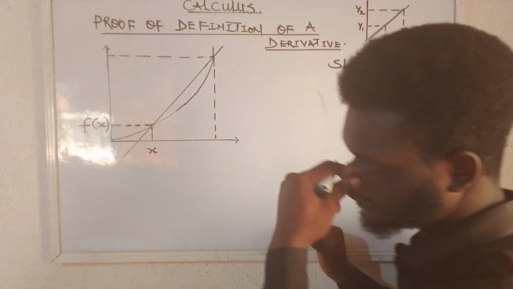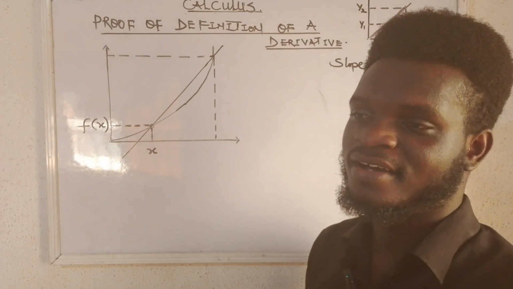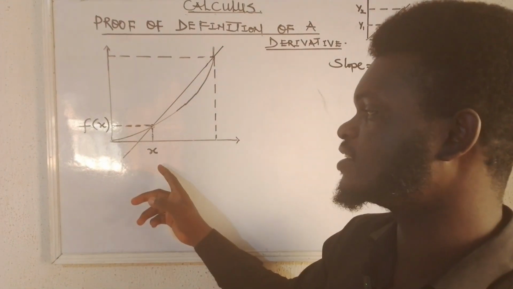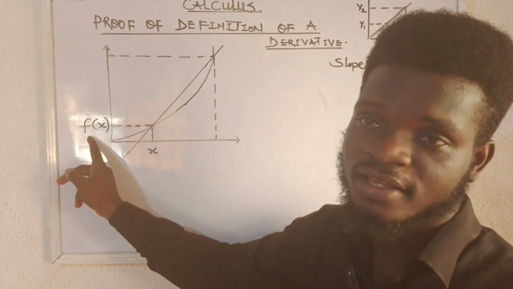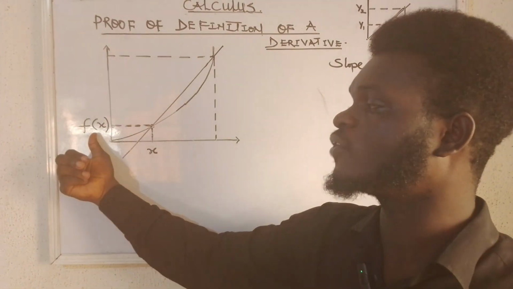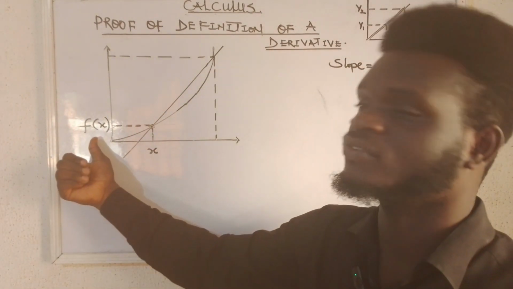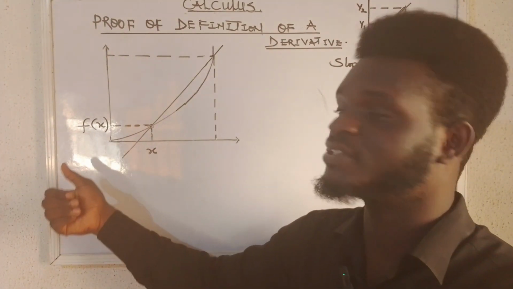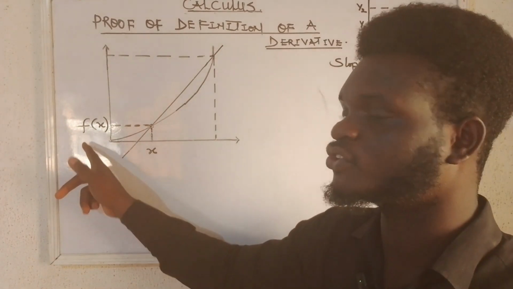Those of us that did functions in further mathematics understand what this is. This is representing y also, so we can represent y as a function of x, y with respect to x.